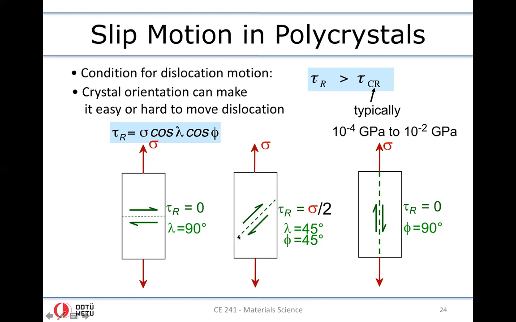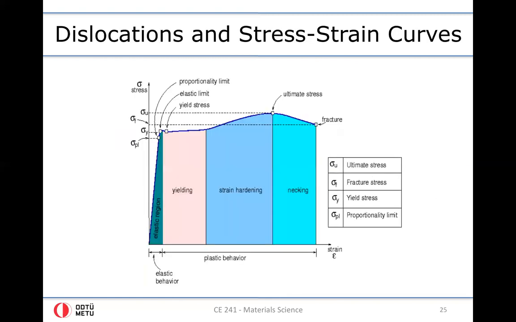Energetically, or from the mechanism of slip, the easiest will be the one that generates the highest Schmidt factor, where both angles are 45 degrees, I guess, right? That is going to be the easier configuration, at least in 2D. Tau is maximum at this angle.